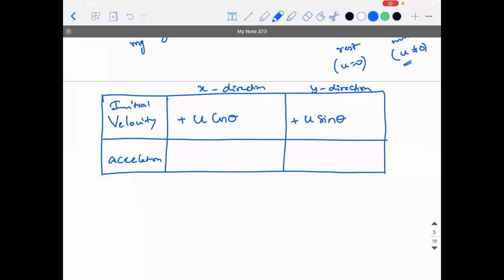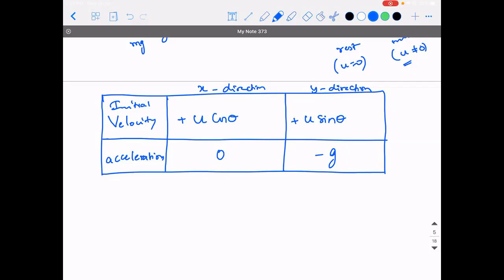Then what is acceleration? What about the acceleration along the x direction? 0. Acceleration along the y direction? 9.8 meters per second squared, with a negative sign. Generally when we derive the formula, we will not substitute that 9.8.